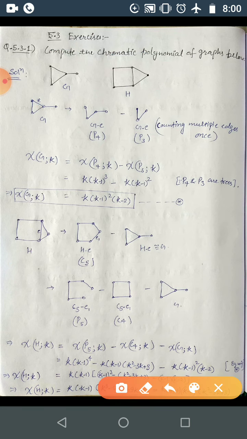So here I have taken this edge. If this edge is taken, then H minus E will be this one, correct? And H contracted E will look like this one, where this edge is contracted, correct? So this edge got removed and this edge got contracted.